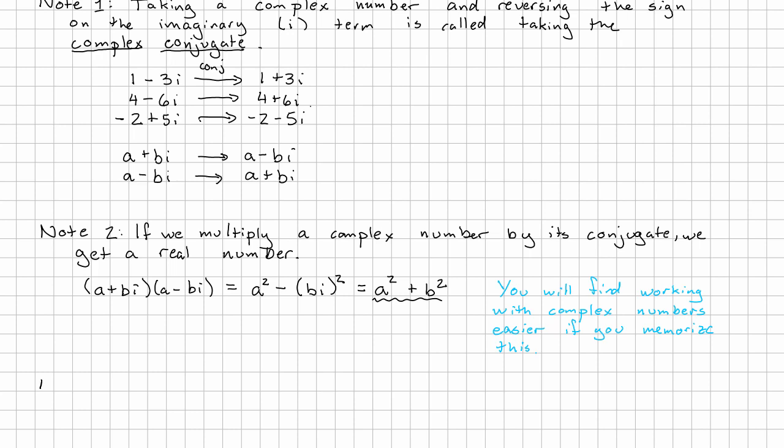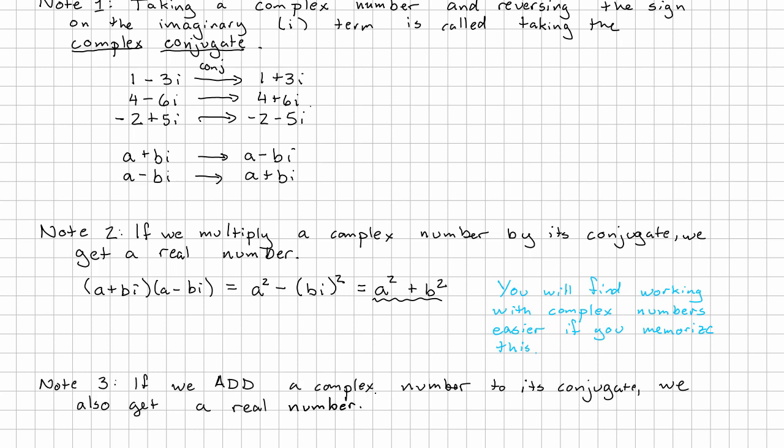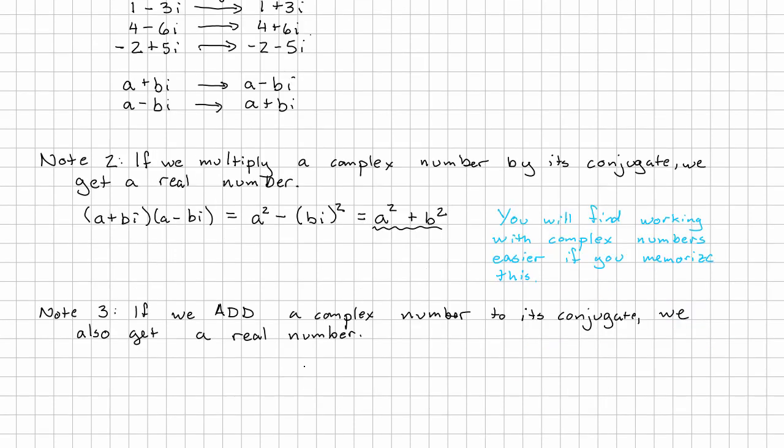It's also the case that if we add a complex number to its conjugate, we get a real number. So, if we take a plus bi plus a minus bi, well, you can see what happens.